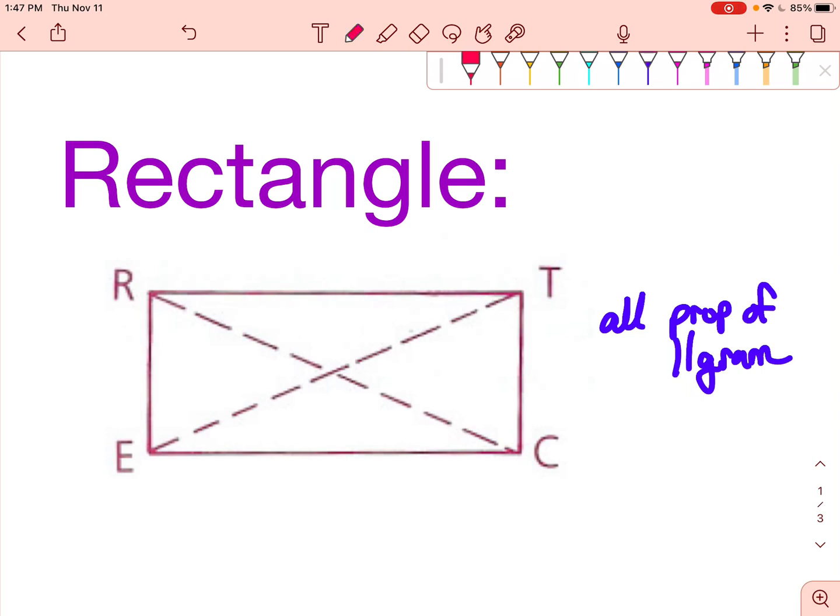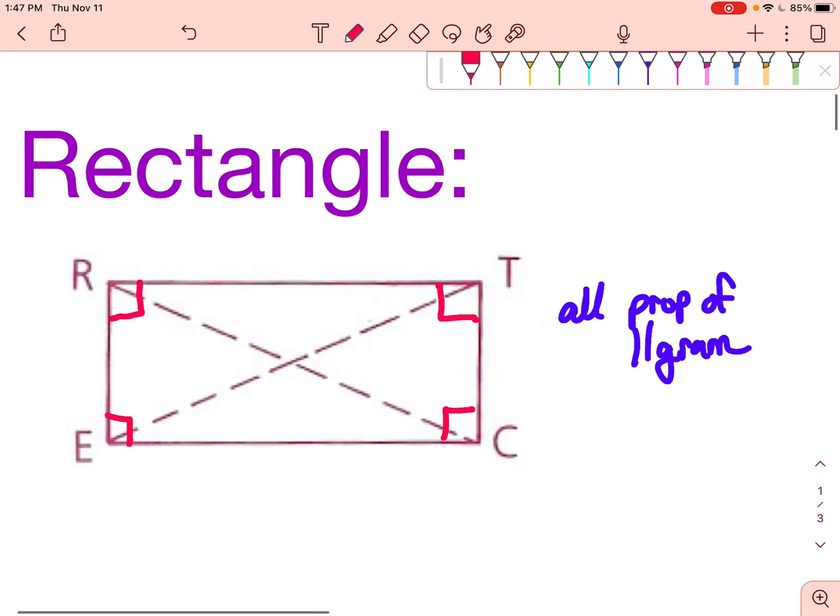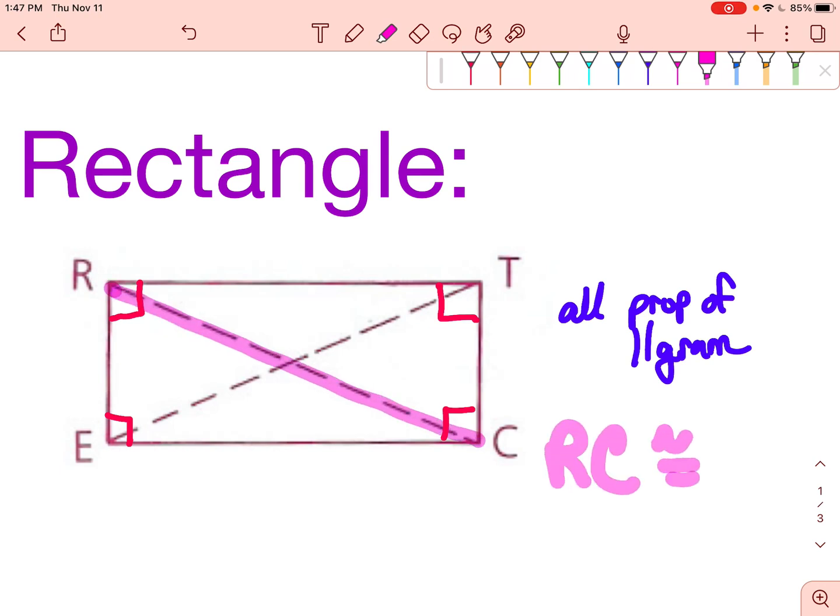all the angles are right angles, and you guys know this, but all the angles are right angles. So if you are given a rectangle, you know that all of those angles are right angles. And also the diagonals are congruent to each other. Okay, so what that means is that this diagonal RC is congruent to this diagonal ET.